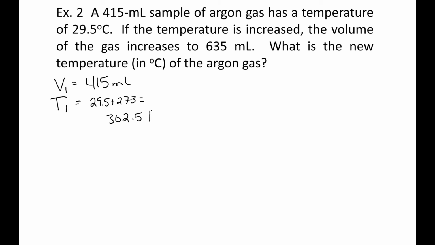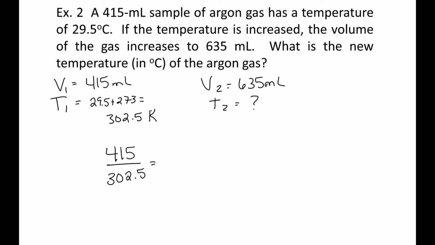It's Kelvin. Okay? Now, V2 is 635 milliliters, but T2 is unknown. So we're going to do 415 over 302.5 equals 635 over T2.